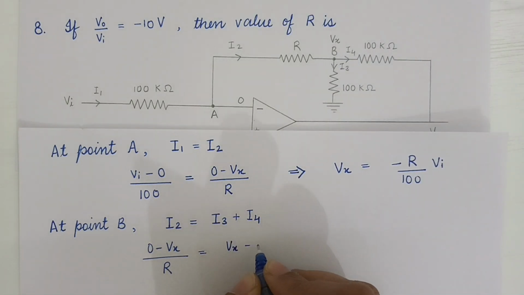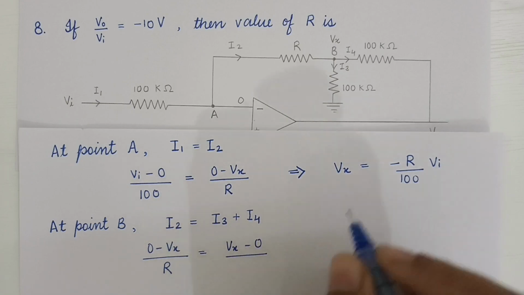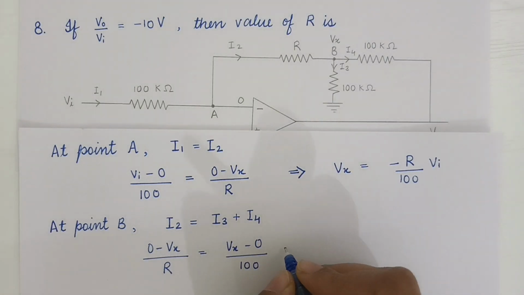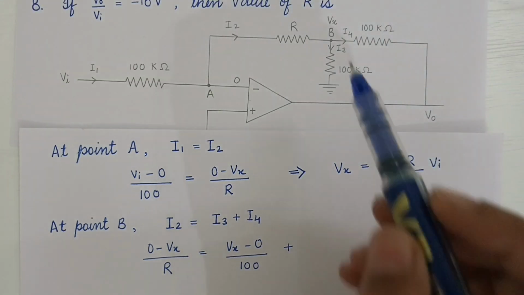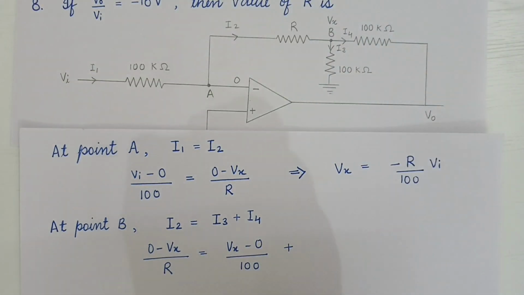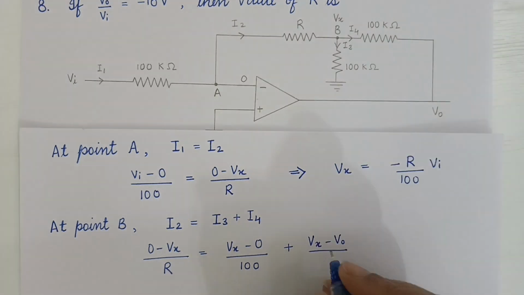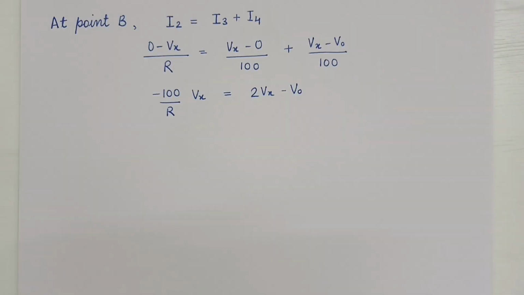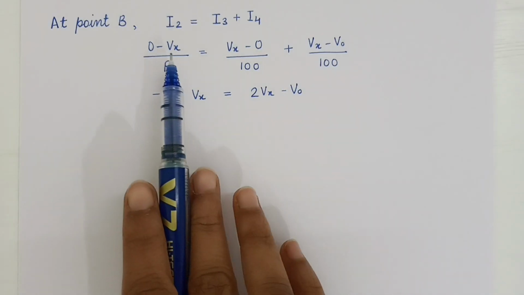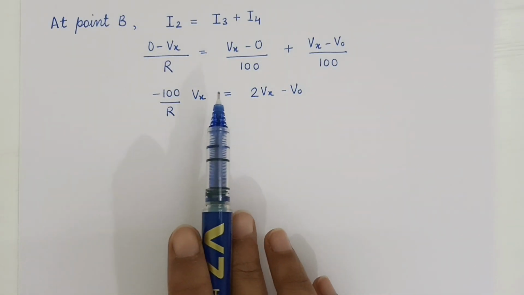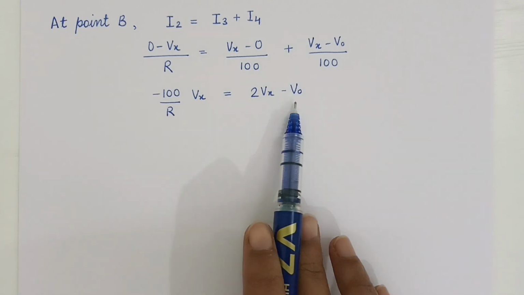So Vx minus 0 divided by 100, its resistance, plus for I4 it is Vx minus V0 divided by again 100. So rewriting this, taking 100 common and multiplying that side, we get minus 100 by R, Vx, and twice of Vx here, minus V0.